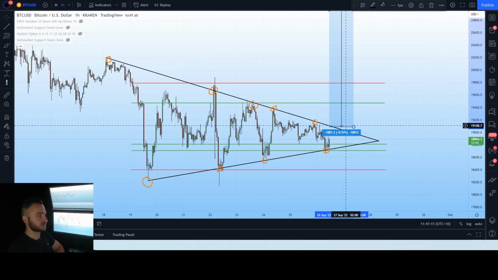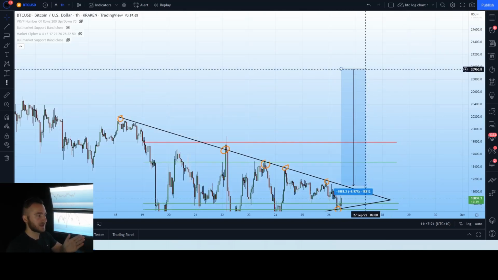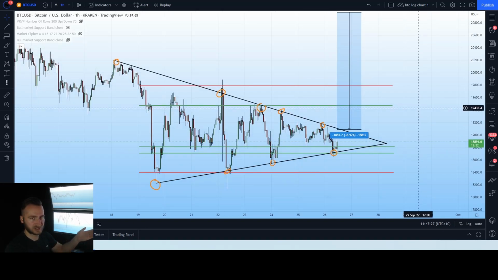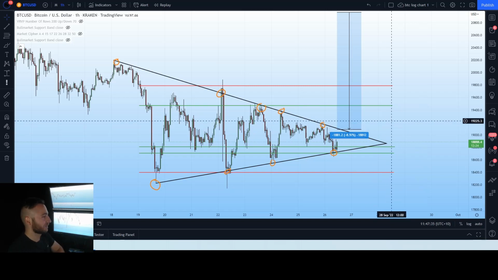Generally, the price will move uninterrupted in that direction, targeting the measured move target, but it will move until it reaches support or resistance. Similar to the law of physics, inertia, an object will move until it meets a force that essentially stops it. I can't remember, I haven't done physics for a long time, but you get what I mean.